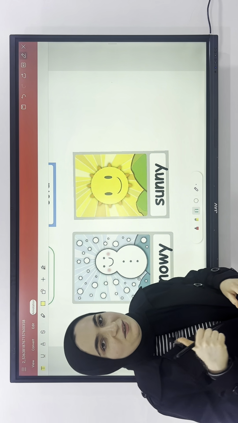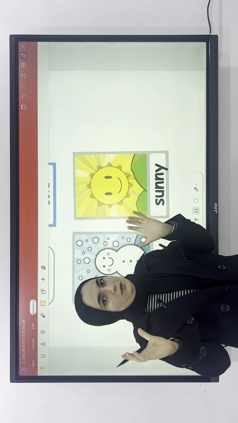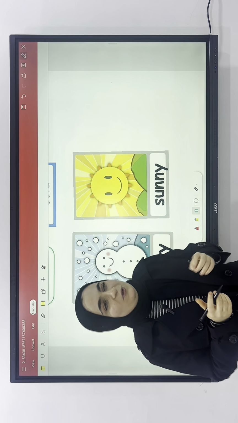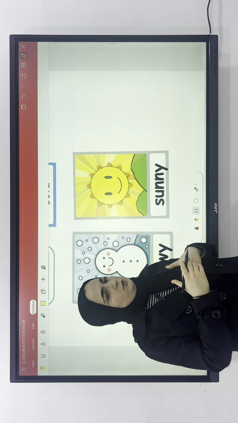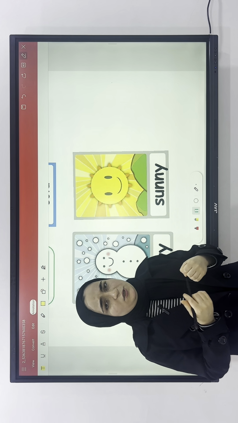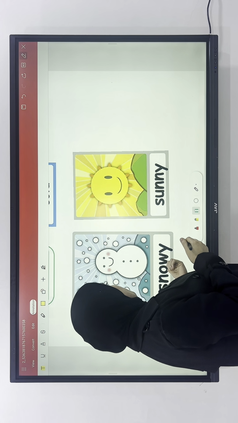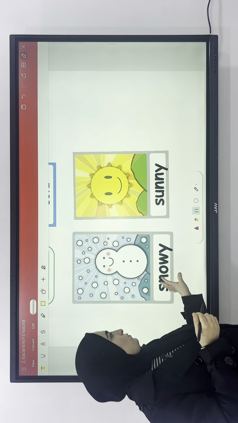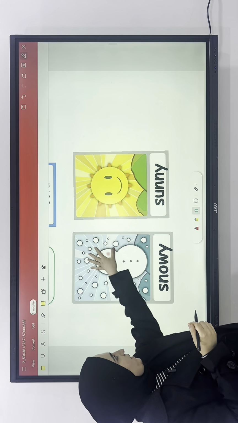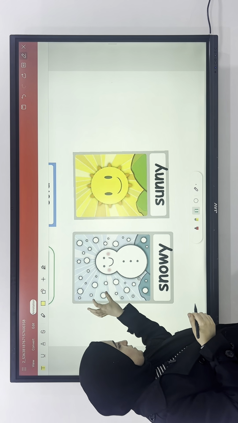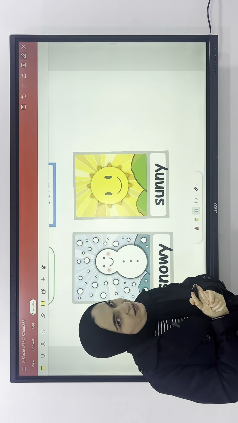Guys, if the weather is snowy, we build a snowman. What else? Oh, we fight with snowballs. We keep ourselves warm. This is a snowman, and this is the snow that is falling from the sky.